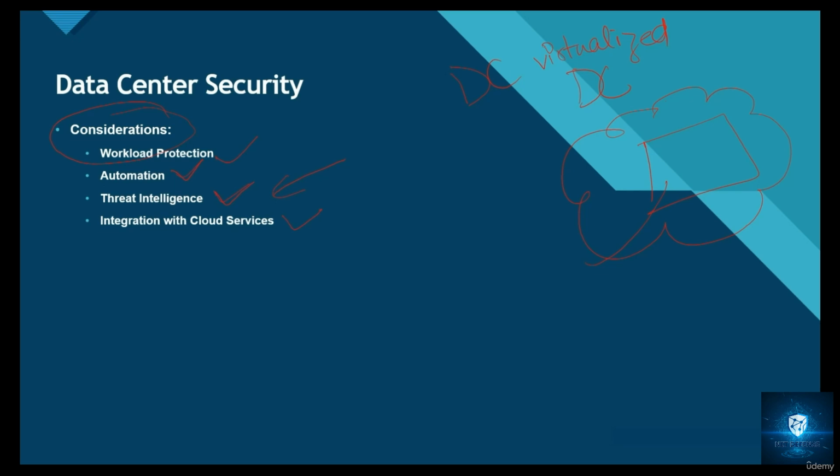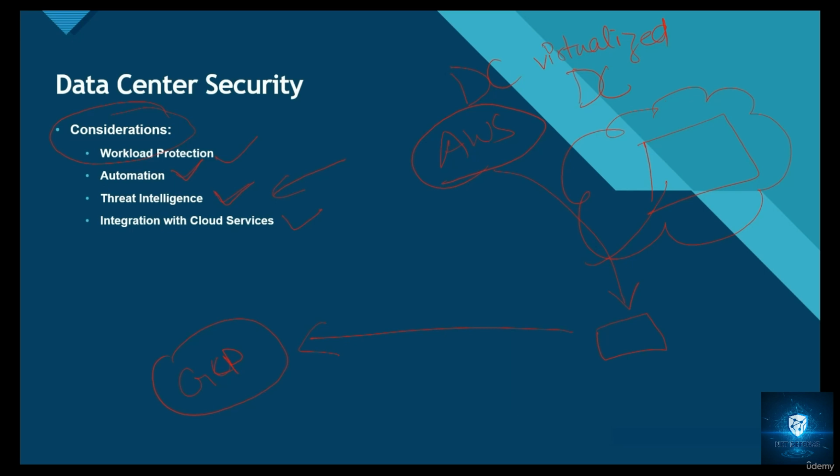Integration with the cloud services. If you are utilizing hybrid cloud environments, ensure your firewall can extend protections across both on-premises and cloud infrastructure. That means if you have some services in AWS, some on-premises in the DC, and maybe some in the cloud, which is GCP, ensure your firewall can extend protection across both on-premise and the cloud infrastructure.